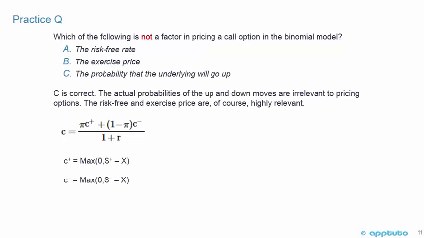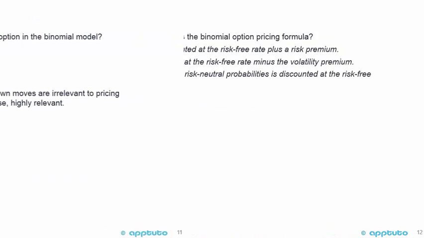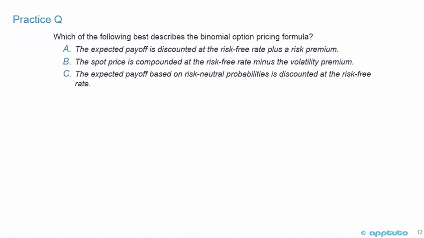So you can see the risk-free rate is in the formula, in the denominator, 1 plus R, and the exercise price is highly relevant because that's how we calculate C plus and C minus. So which one is not a factor? Well, it's C, the probability that the underlying will go up. Good little question.